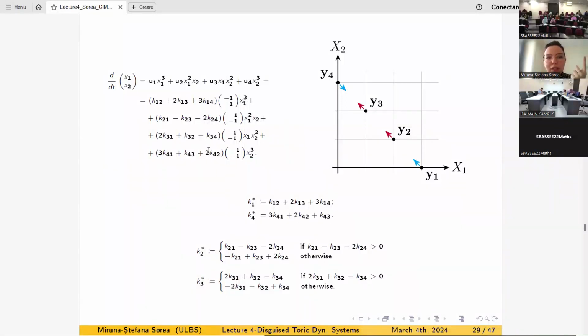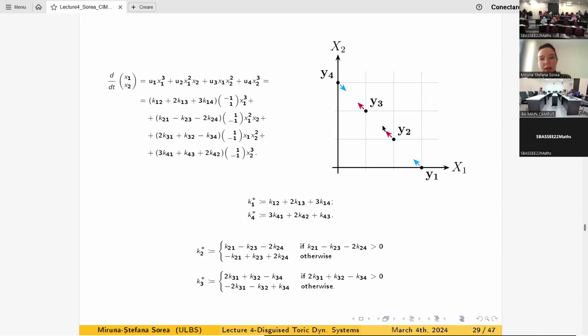So for the first and the last parentheses here, we don't have any choice. Whereas for the second and third case, the sign of these parentheses might depend on the values of the initial rate constants, and then the direction of the red vectors.